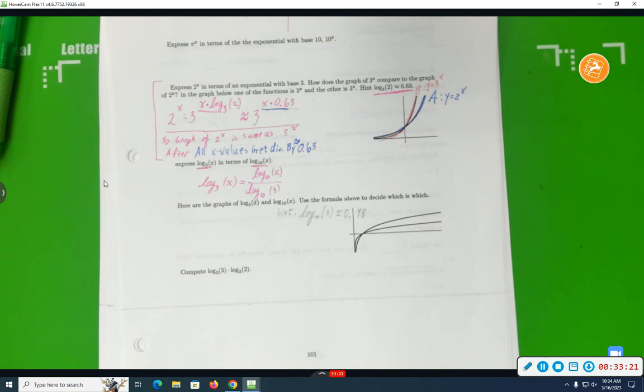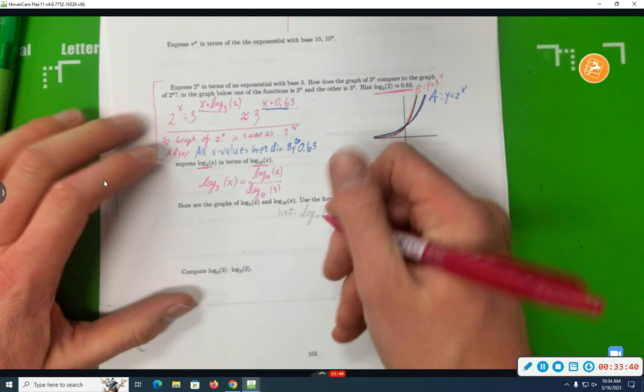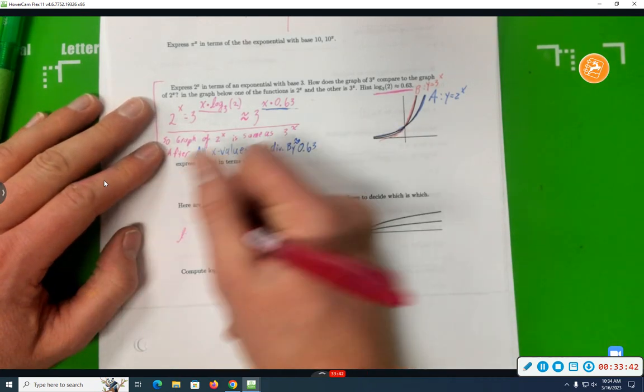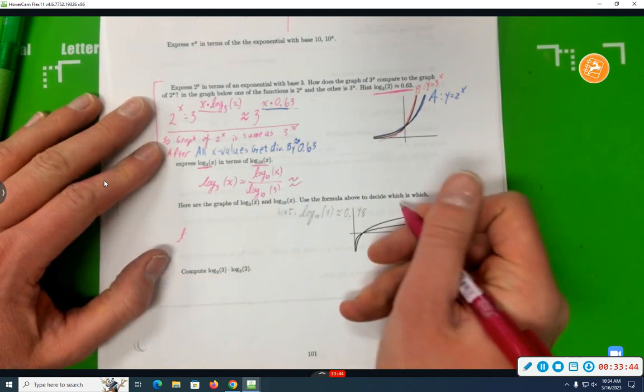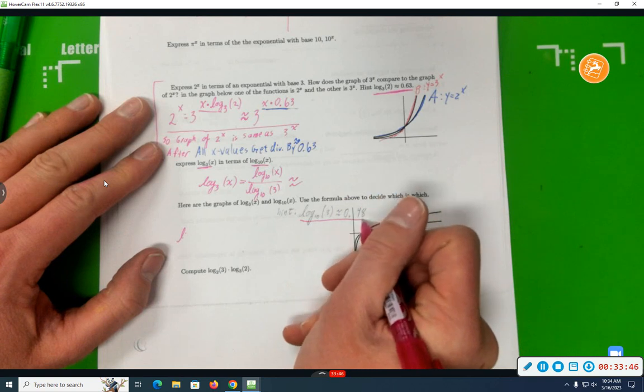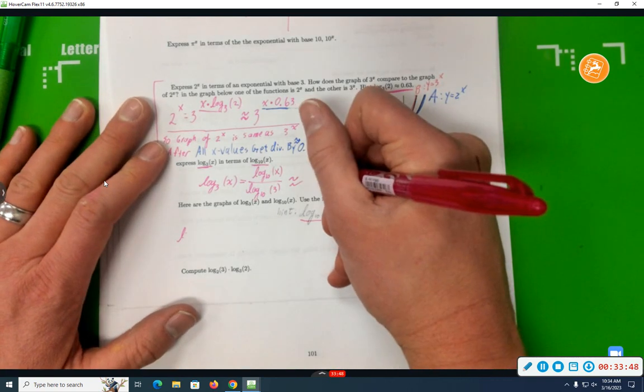If I have the log base 3 of x, so a is like 3, and I want to turn it into log base 10, well then I guess this b is just going to be 10. The x is the thing in the parentheses, and the thing in the parentheses in the denominator is the base. Cool. So let's think about what that means. So here we see, as a hint, log base 10 of 3 is around 0.48.